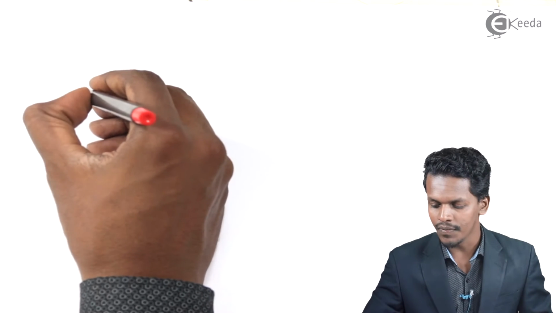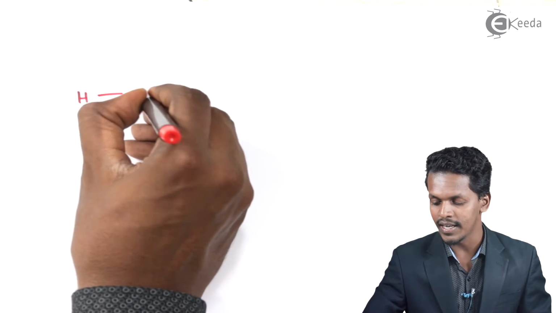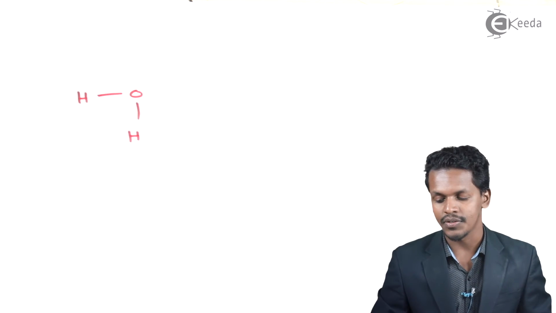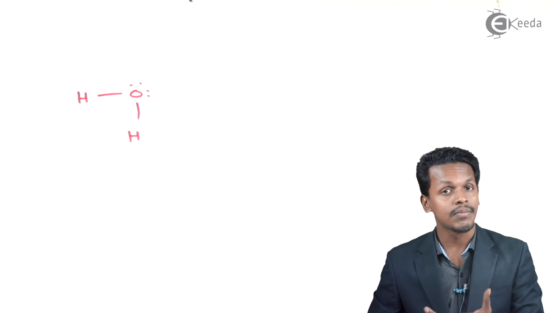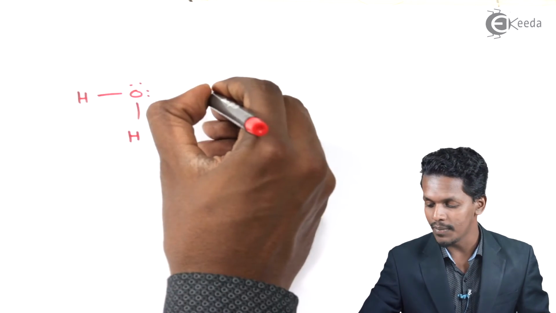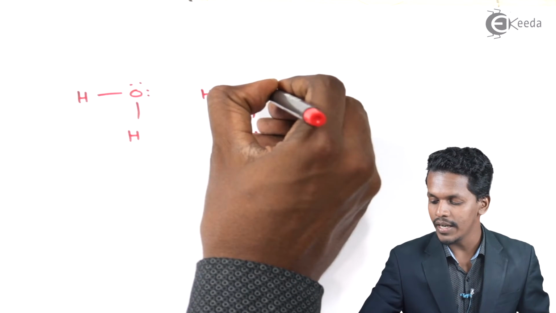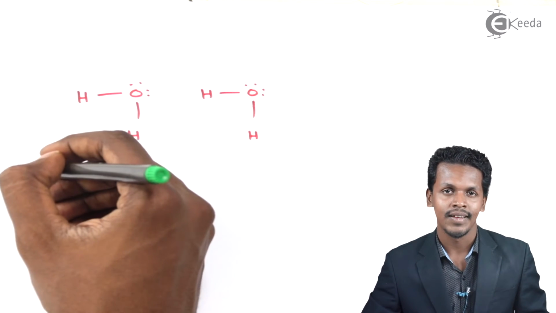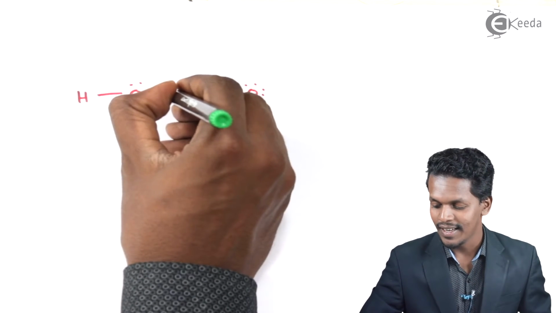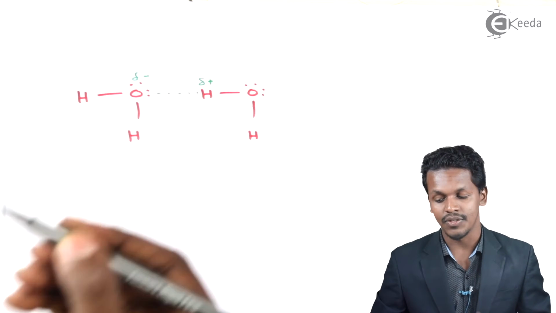If we consider the molecule of H2O, it has a particular structure. Suppose I represent it with this structure, this has a lone pair of electrons, while the other water molecule will also have the same. The electronegativity difference between oxygen and the hydrogen of the different molecules gives them partially positive and partially negative charges, as you can see here.